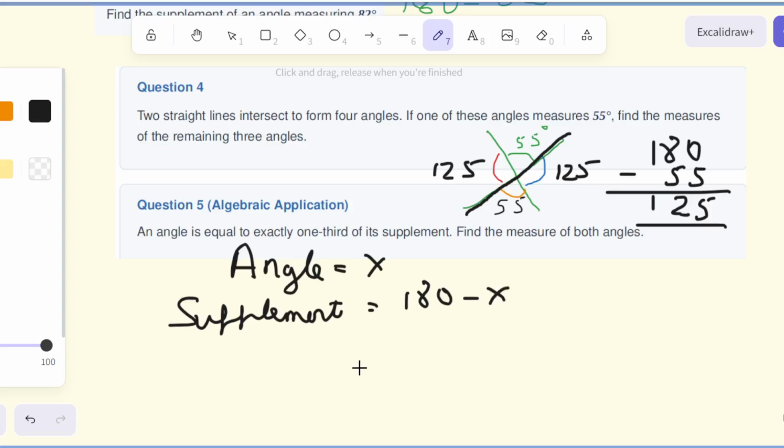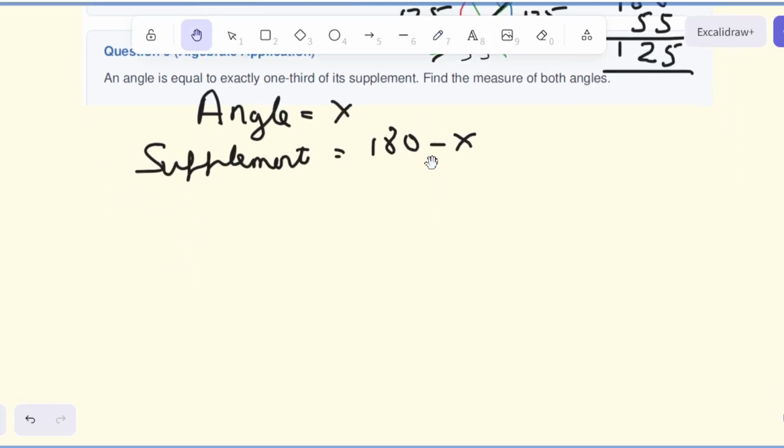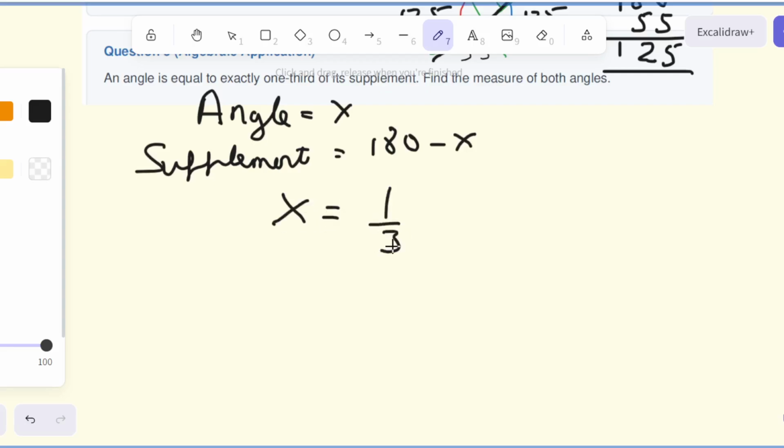Now they have given you some relation. An angle is equal to one third of its supplement. So how will you form an equation? The angle is x, right? This is one third of its supplement.